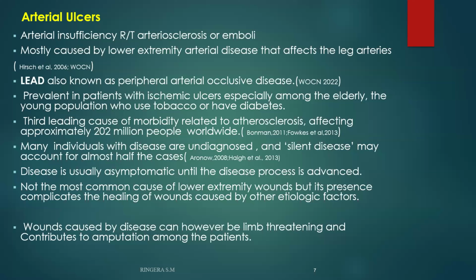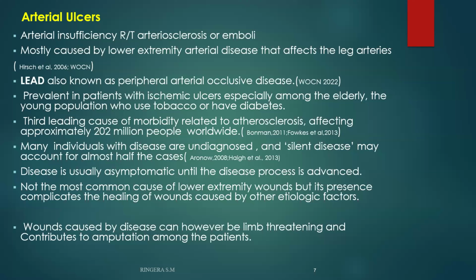The other name for this is lower extremity arterial disease, abbreviated LEAD, which is also known as peripheral arterial occlusive disease. So if you see some of the complex results coming with peripheral arterial occlusive disease, it's actually the same problem. They are prevalent in patients with ischemic ulcers, especially among the elderly.